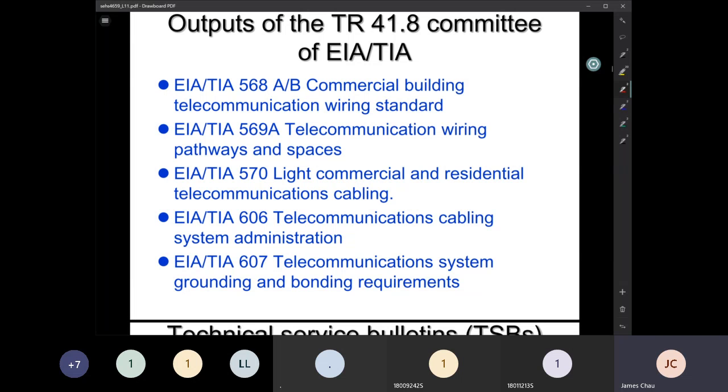For example, 568B is for commercial building telecommunication wiring. 569A is for wiring pathway and space. 570 standard is for light commercial or residential telecommunication cabling. 606 is for telecommunication cabling system administration.